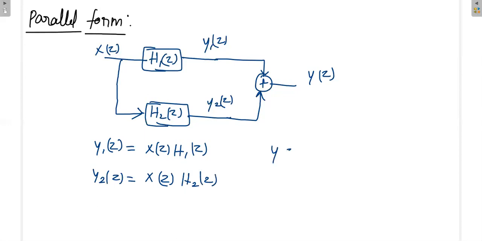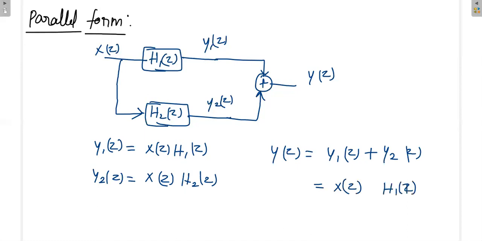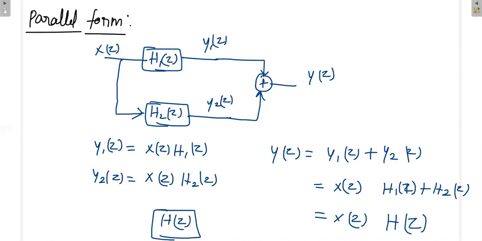Then y of z is y1 of z plus y2 of z. If you add these two, x of z is common, then h1 of z plus h2 of z. So we can write x of z multiplied with the common h of z. That means the combined system I can put as h of z, the input is x of z, and the output is y of z.